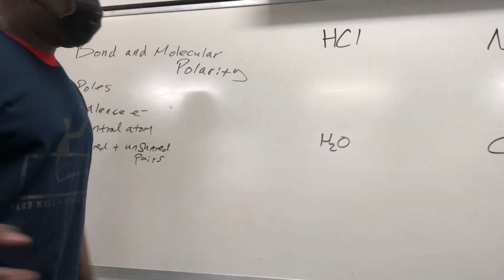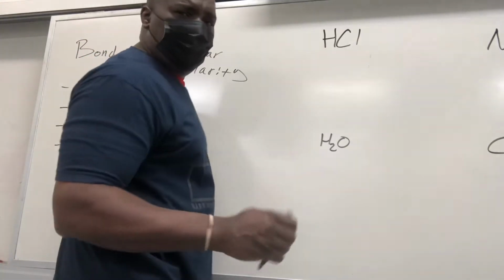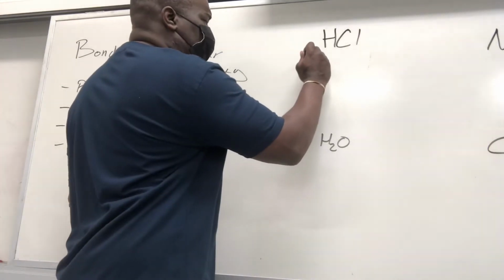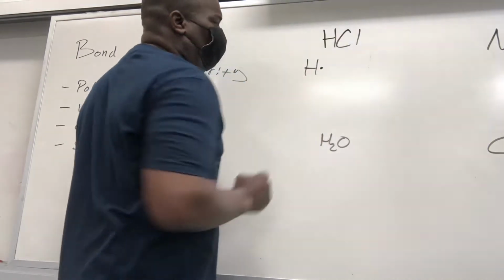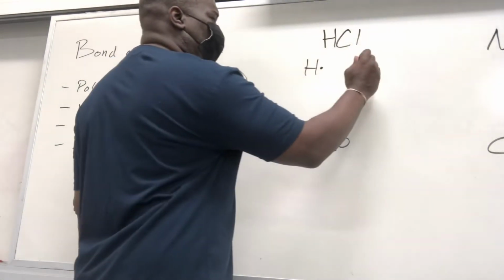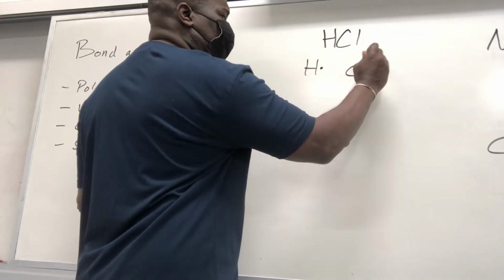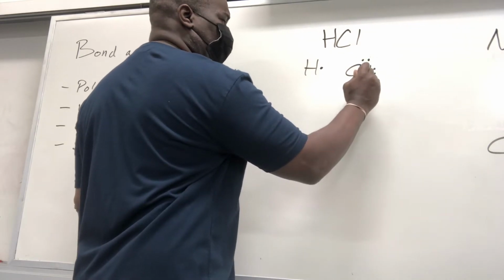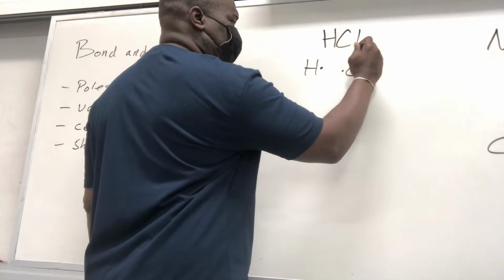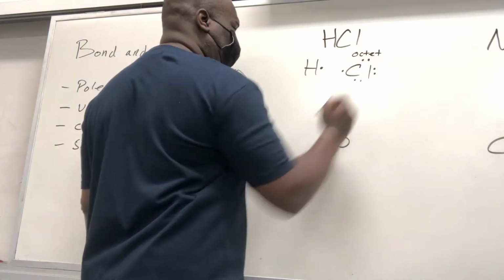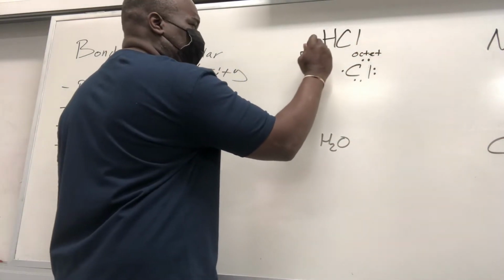Okay, so we have HCl, I'm going to redraw it again. HCl, and remember you always have your reference tables. H has 1 valence electron. Chlorine, we know, famously has 7 valence electrons, right? Chlorine wants to get to an octet, all right? Hydrogen wants to get to a duet.